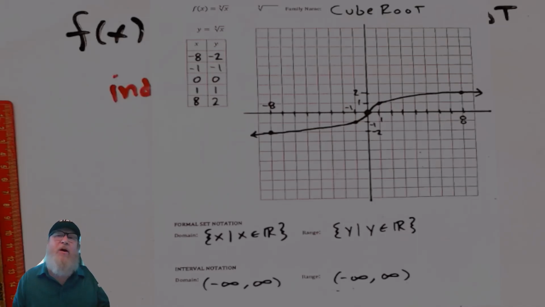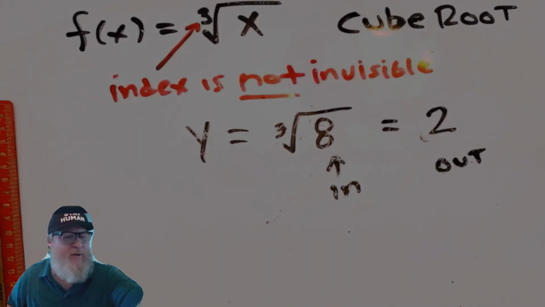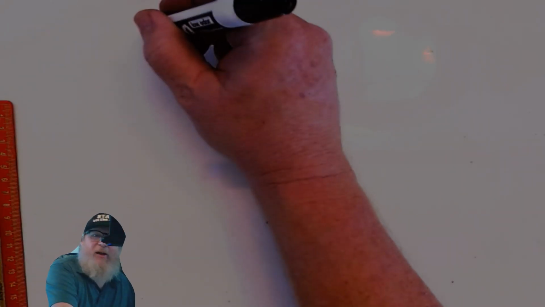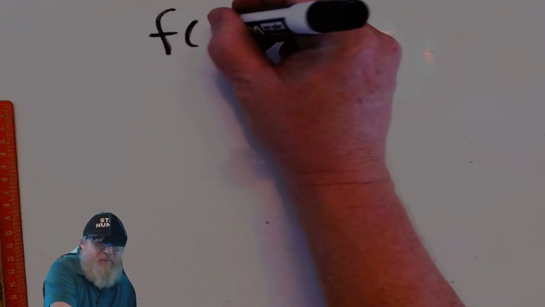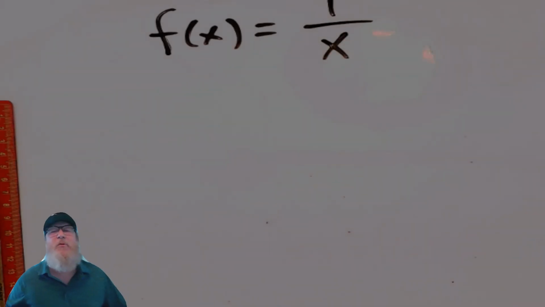Well, we got one more. My goal was to get this in an hour. I think I might go over a little bit, but we'll try to get this last one done. So here is your 6th and final function in this version of the catalog. Again, there are larger catalogs that contain more functions.